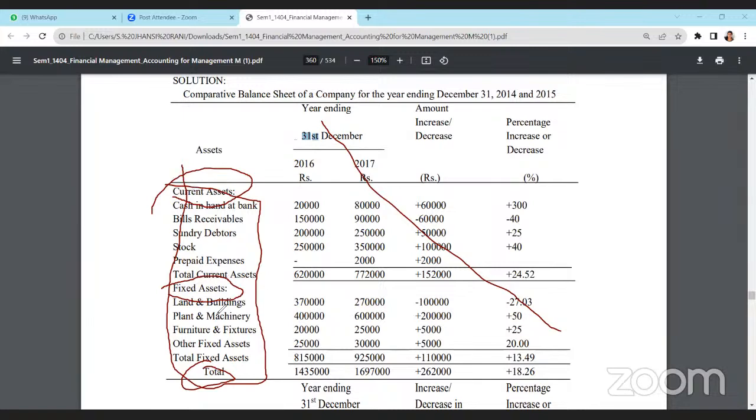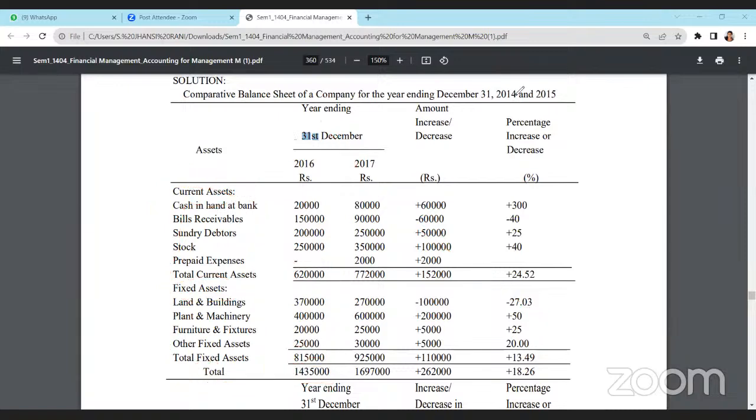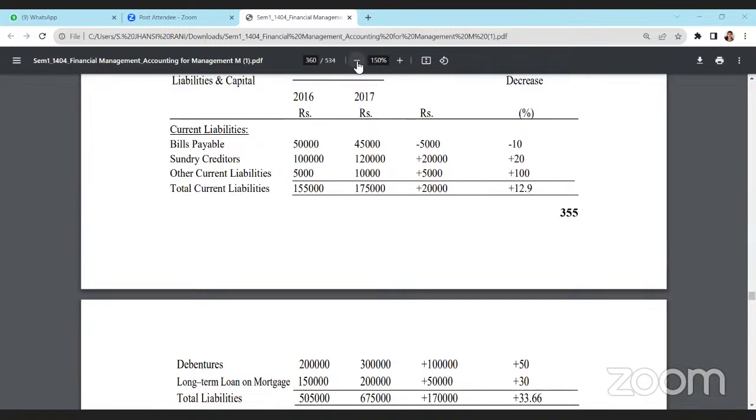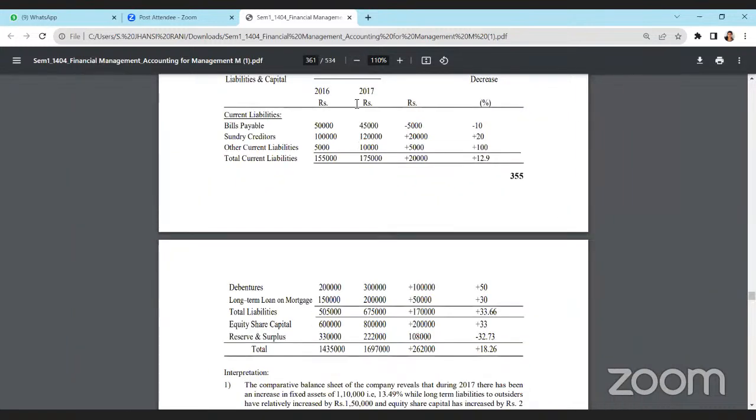All current assets total up, all fixed assets total up, and then we get total assets. Total assets is nothing but total current assets plus fixed assets. Next, similarly, we will have liabilities. Under liabilities, you can just look here.